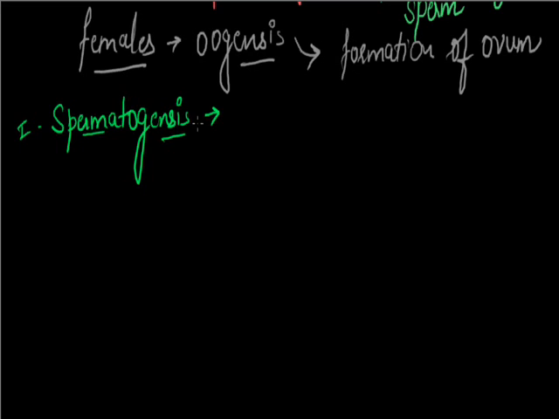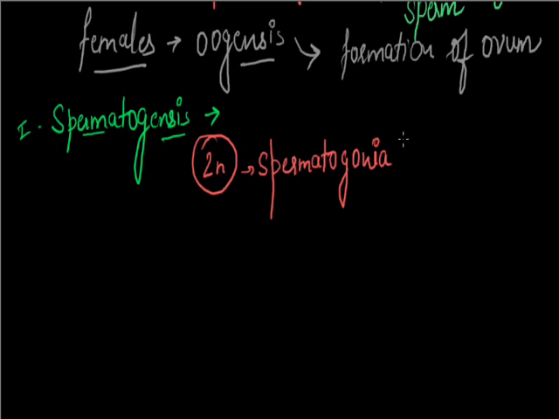Spermatogenesis, the formation of sperm, starts with the sperm mother cell, which is the spermatogonia. The spermatogonia is diploid in number.